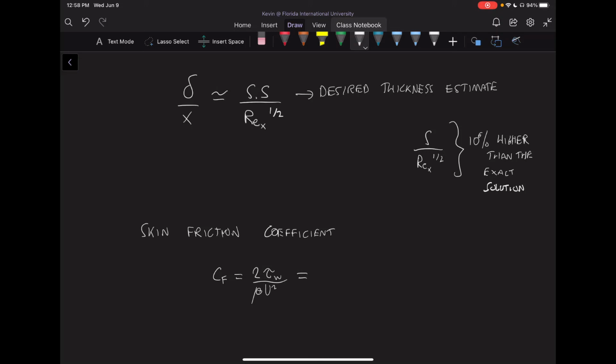And we can rewrite this as 0.73 over Reynolds x to the power of 1/2. Okay, now this is also 10% higher than the exact solution.